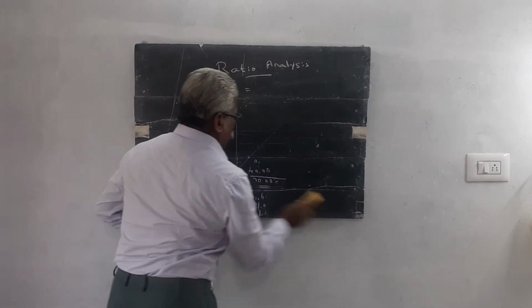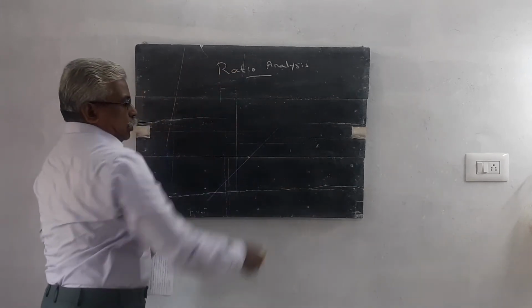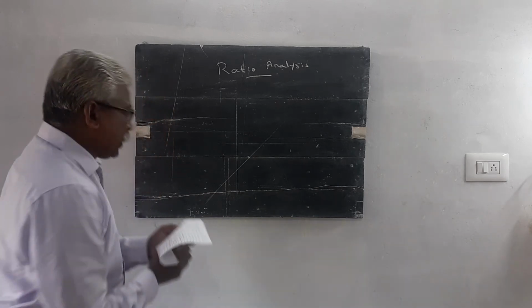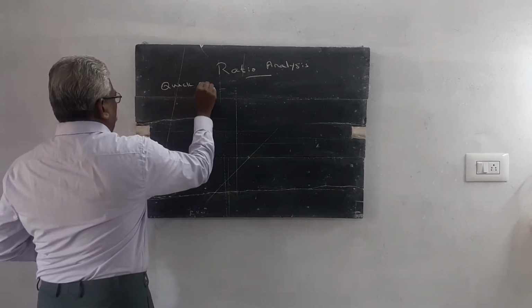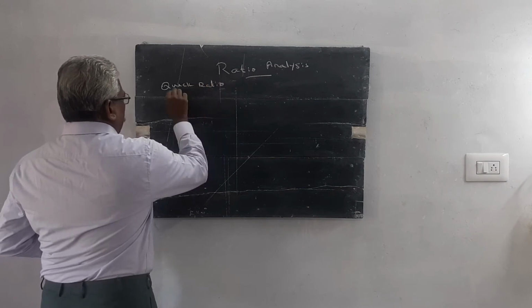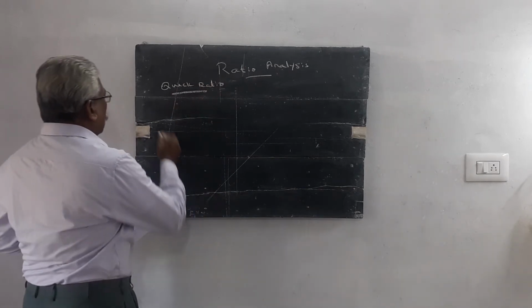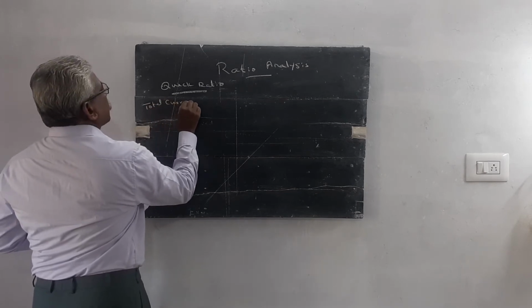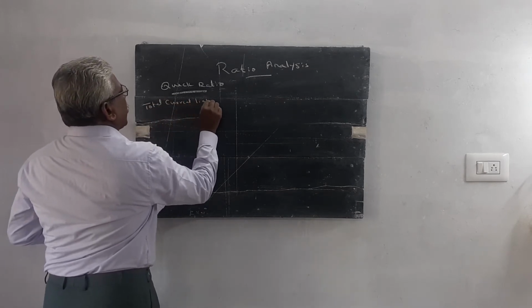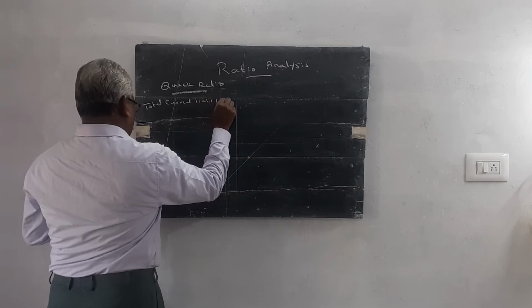Question number 2: calculate quick ratio. Total current liabilities is equal to 1 lakh.